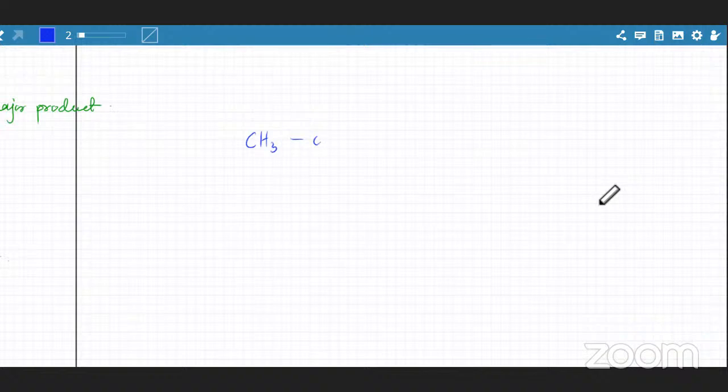So, for example, we have an unsymmetric alkene. One carbon has more hydrogens and the other one has fewer hydrogens. Imagine an HBr molecule coming in trying to join with it. The H is partial positive and the Br is partial negative. The H is going to be attracted to the pi electron cloud, and the Br is going to get repelled by the pi electron cloud.